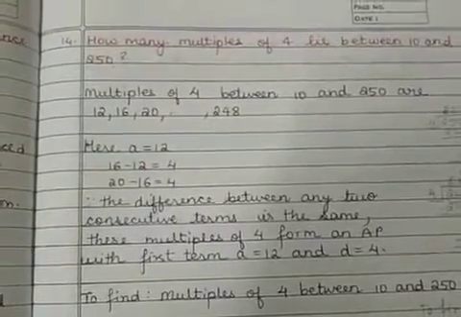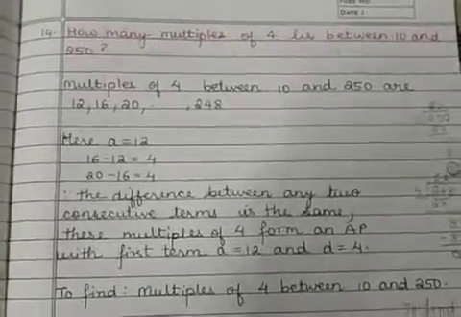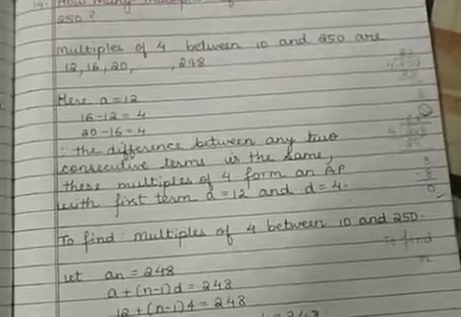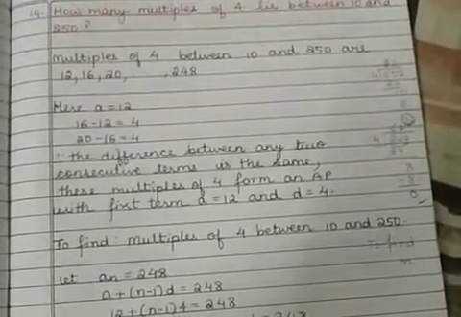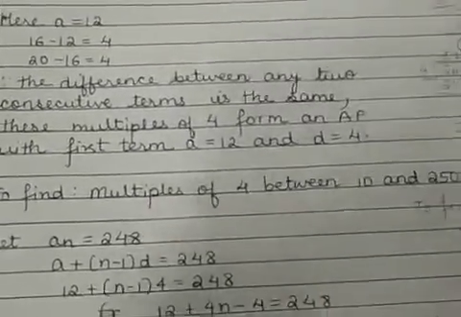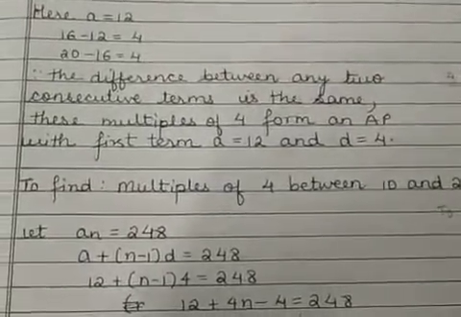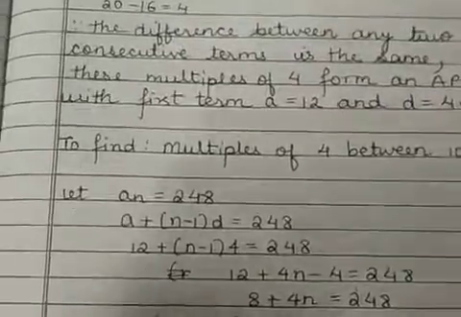The first term of the AP is equal to 12 and the common difference is 4. You have to find multiples of 4 between 10 and 250, so you have to find n. Whenever you have to find n, you have to consider the last term. If you remember, so far whenever we had to find n, we take an.